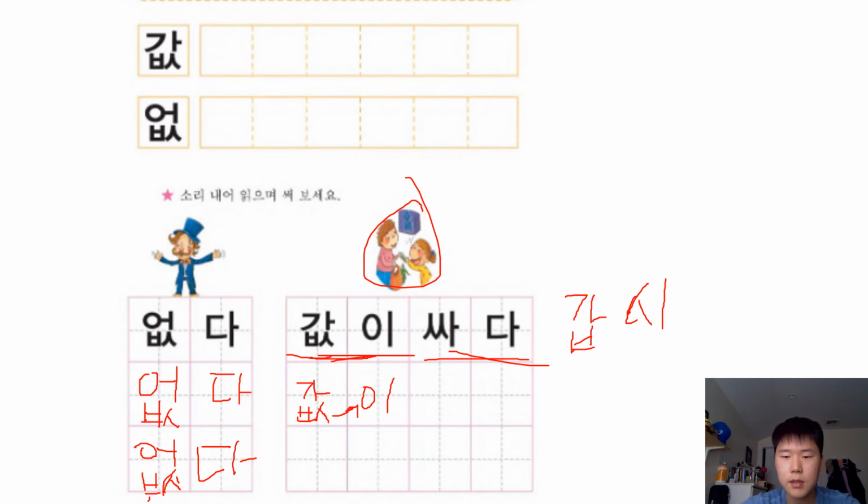It sounds like 값이, right? So that is another rule. So let's try writing it again. 값이 싸다.